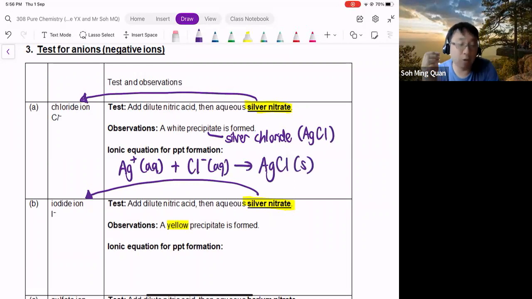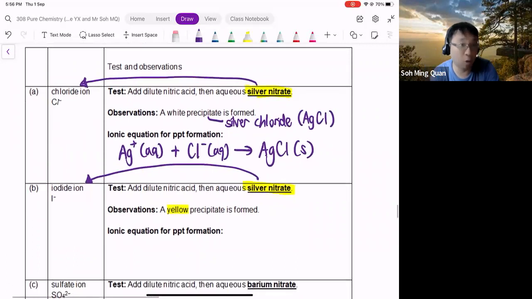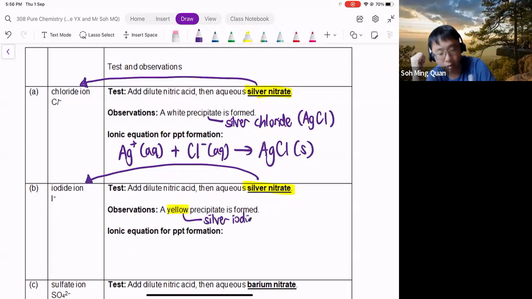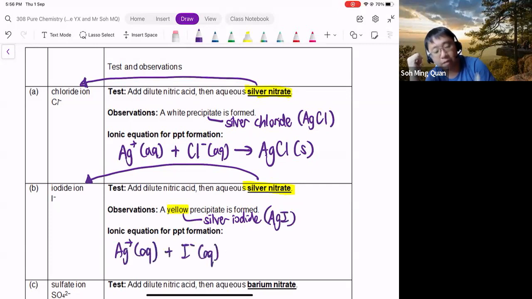Whereas if it's iodide, the precipitate is yellow because the yellow precipitate is silver iodide. Okay, so I believe that day you wrote this in class already.